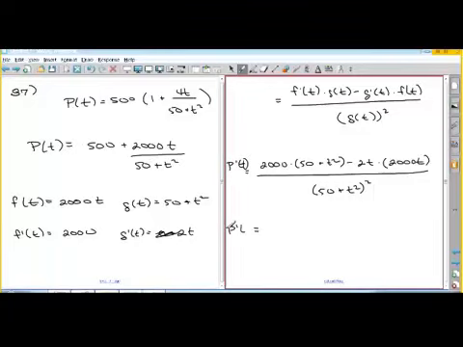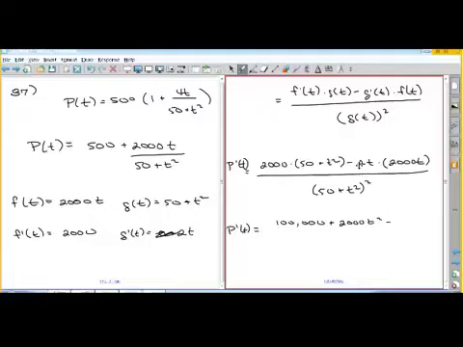If we can simplify it, we should. In this case, we can simplify it by multiplying everything out in the numerator. So 2,000 times 50 is 100,000, and then we get plus 2,000 t squared.